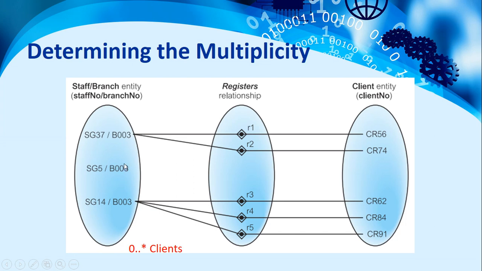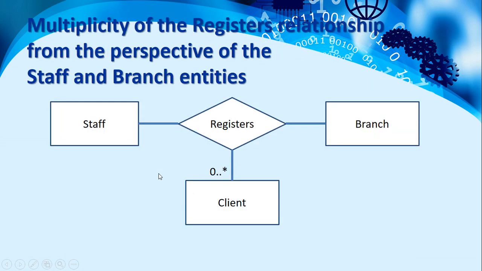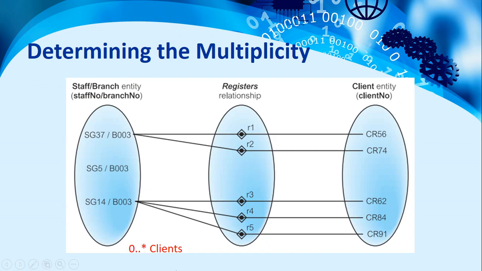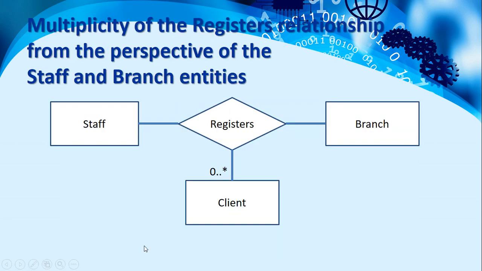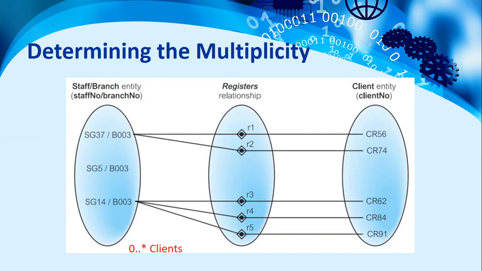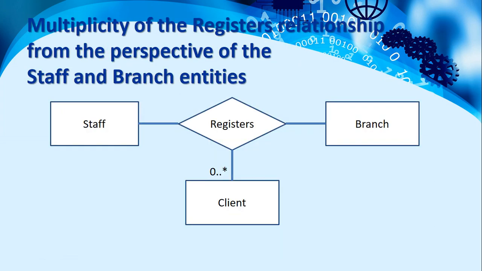After that, the multiplicity that we derived, we'll just assign it to the entity type for this one. So, this is the multiplicity of the registers relationship from the perspective of the staff and branch entities.